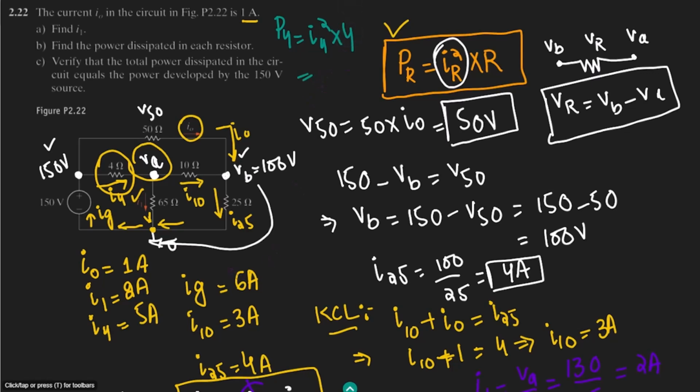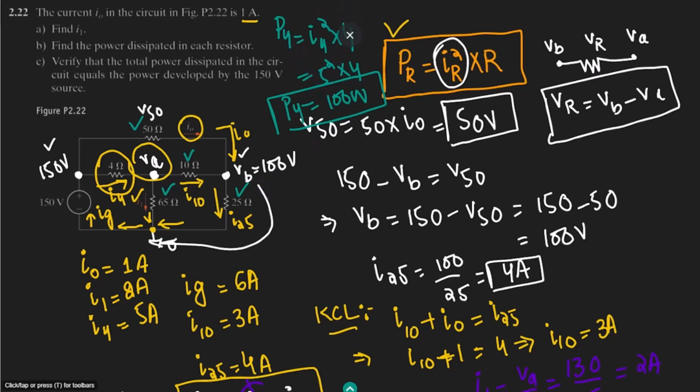The value of I4 is 5, so 5 squared multiplied by 4 would be 100 watts. So P4 is 100 watts. Similarly you can find it for all the others using this formula.